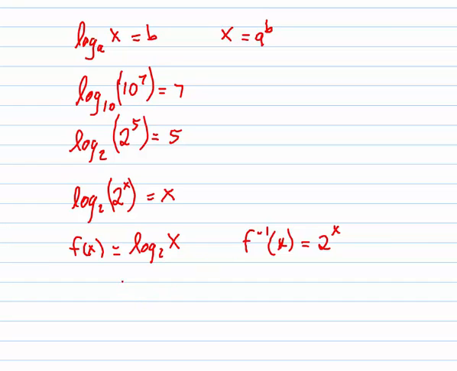They're inverses of each other because f of f inverse of x is going to be equal to log base 2 of 2 to the x. What's the 2 exponent of 2 to the x? Well, it's just equal to x.